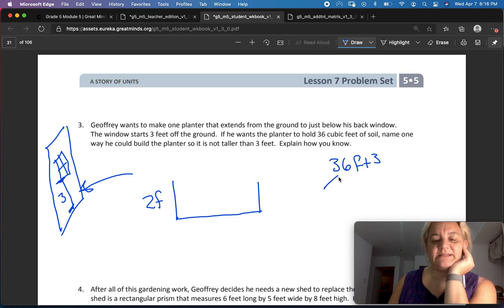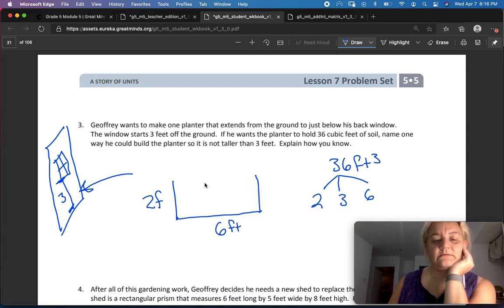So we're going to split that into 3 numbers. So I said 2 feet tall, right? And that would, see, that would leave us with, if we divided this by 2, 18. So we could go 3 and 6. 2 times 3 times 6, is that going to equal 36? 2 times 3 is 6. 6 times 6 is 36. There we go. So 6 feet wide.